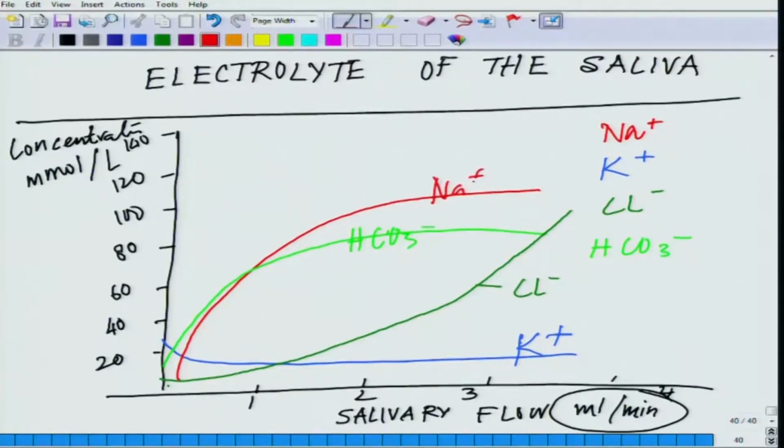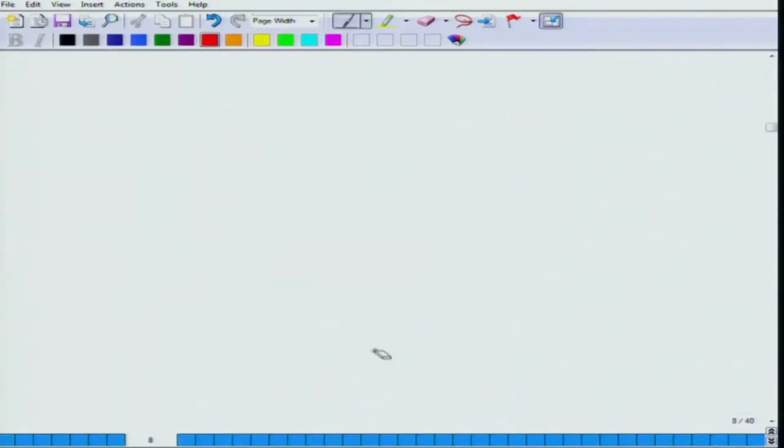Right. So, this electrolyte profile is very important, because now I will be coming back to the acinar structure where I was. I will redraw that structure for you, so that we can talk about how this ionic balance is being maintained here.